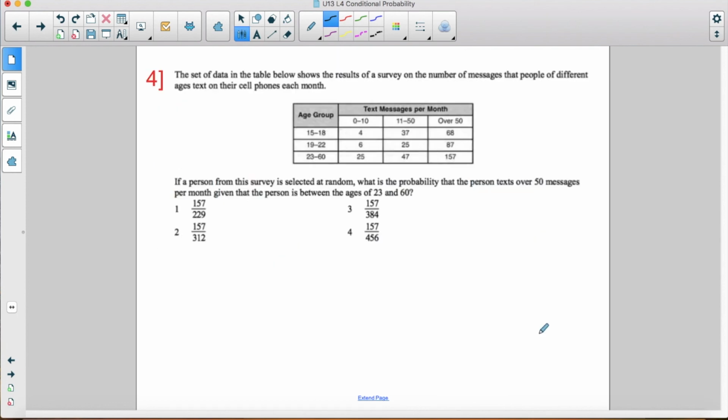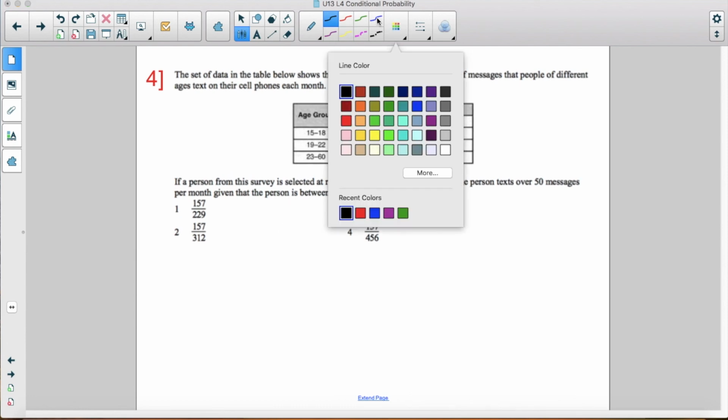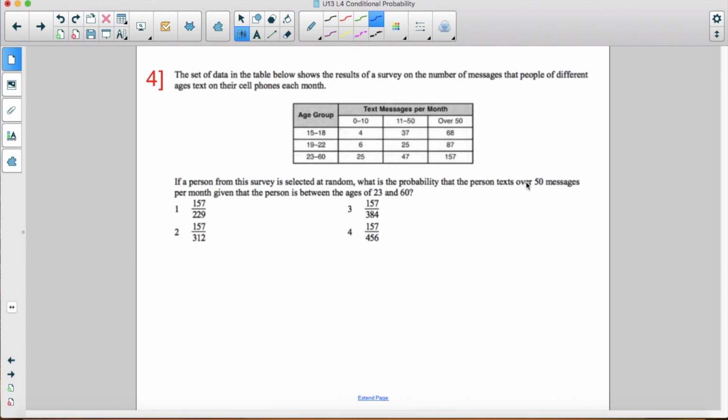Okay, the last question we're going to do together, it says the set of data below shows the results from a survey. If a person in the survey is selected at random, what is the probability that the person texts over 50 messages per month given, oh, I see that special word there, given that a person is between the ages of 23 and 60.